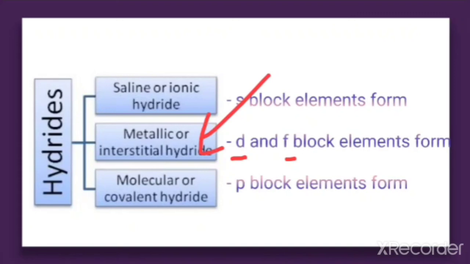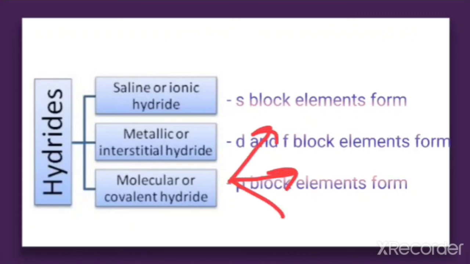And when hydrogen is combined with p block elements, a molecular or covalent type of hydride is formed. So in this video we have discussed the three types of hydride, that is saline, metallic and molecular hydride. Molecular hydrides we have further classified into three types: electron rich, electron precise and electron deficient hydride.